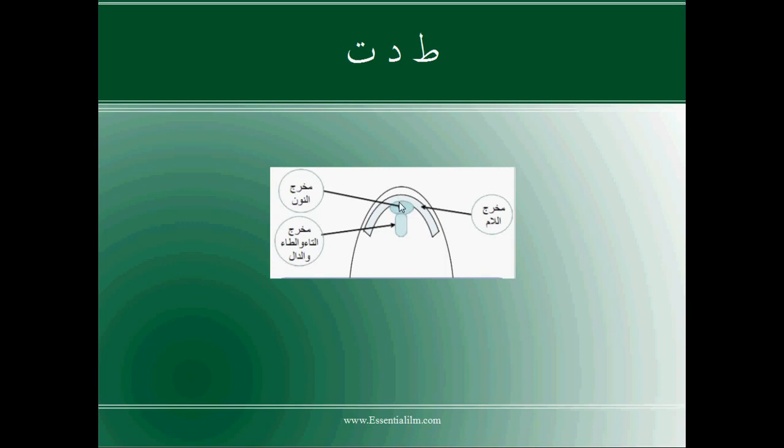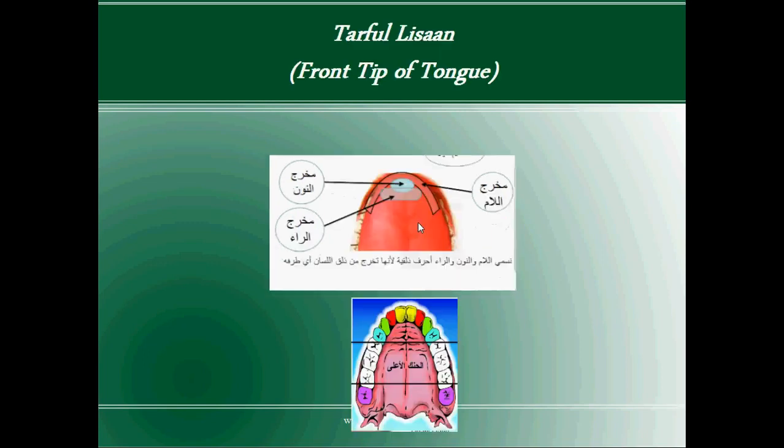You use that portion of the tongue to touch the gum line of the back of the top two front teeth, where the gum meets the teeth. This is where you're going to be putting that portion of the tongue, so almost right where the ra is.